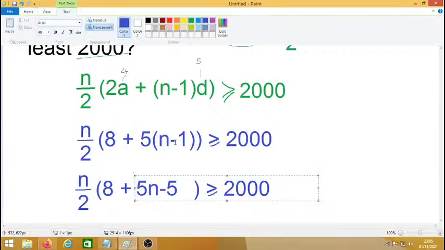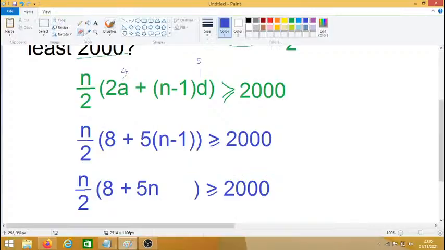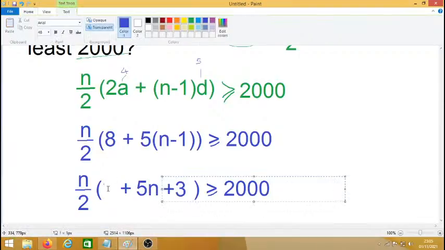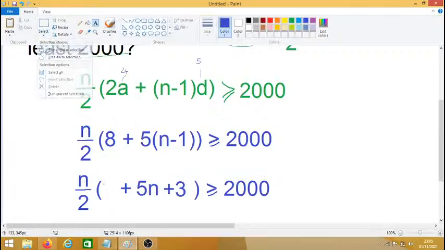That's those brackets expanded. The minus 5 and the plus 8, so that can be 8 take away 5, which is 3. So I just need to write 3 instead of the 8 take away 5. And that's a positive 3, so that's going to be a plus 3. And then the plus I can get rid of.